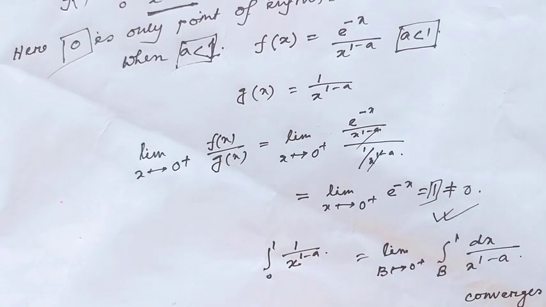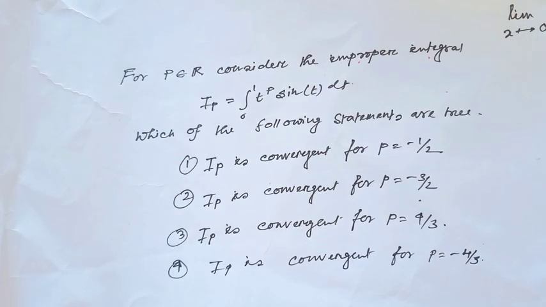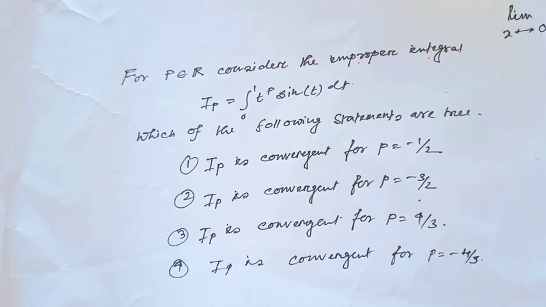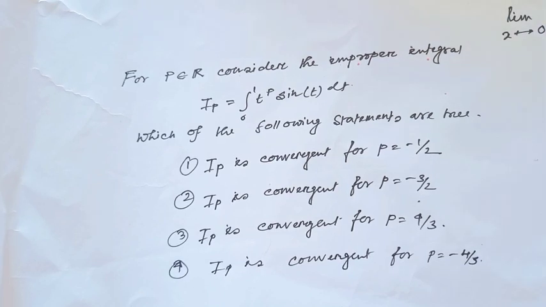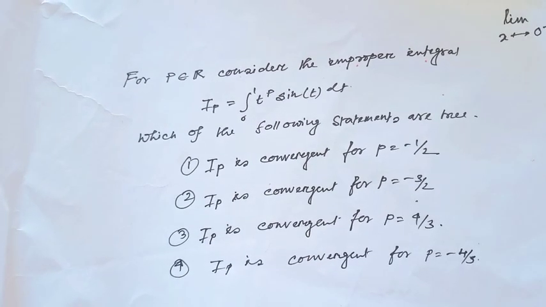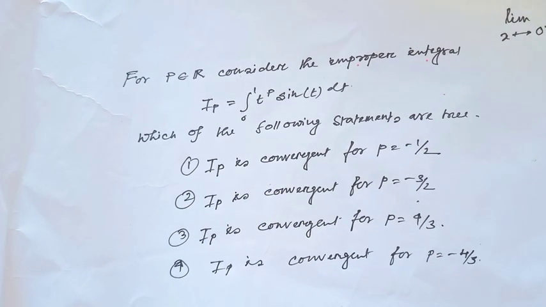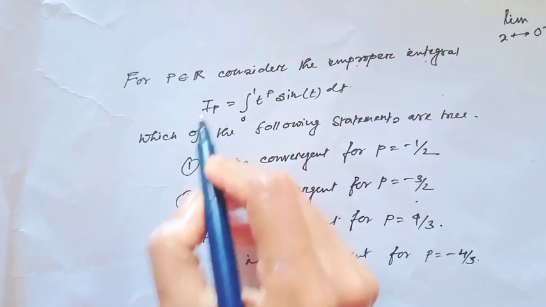Now I will see one question which had come in CSIR NET. The question is, for p belonging to the real numbers, consider the improper integral I_p equal to the integral from 0 to 1 of t to the power p times sin t. Which of the following statements are true?